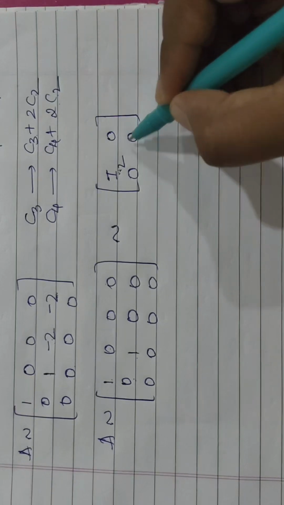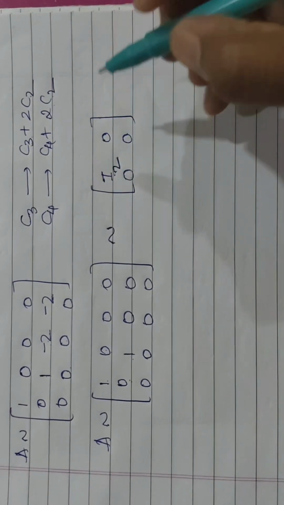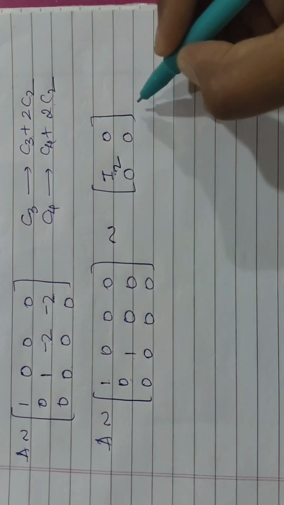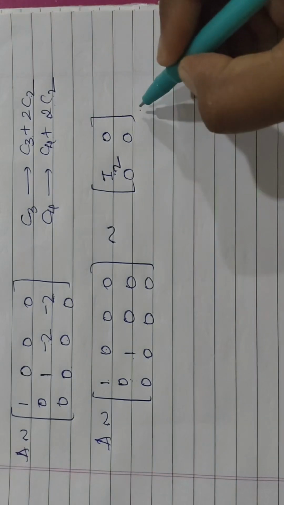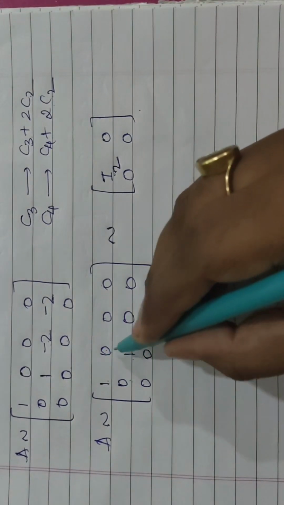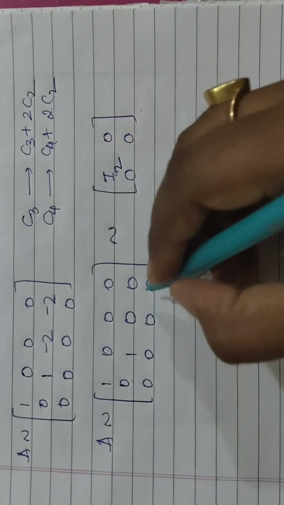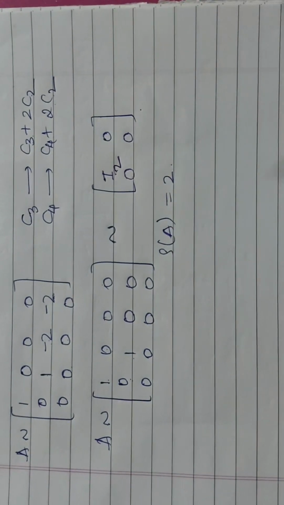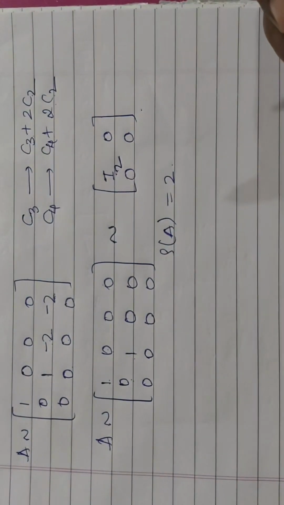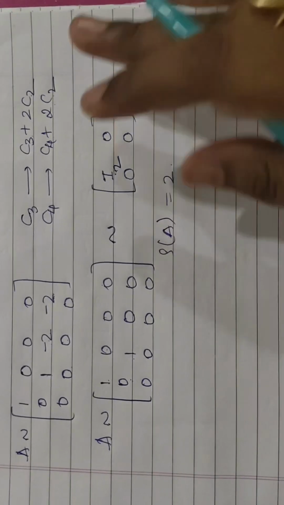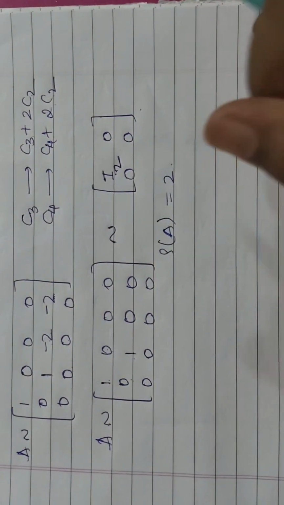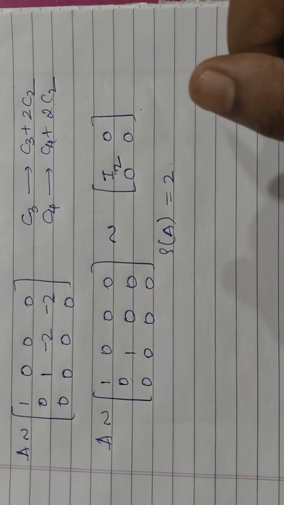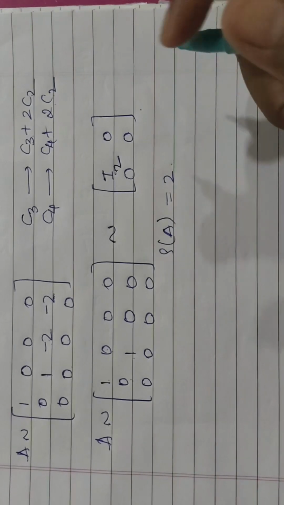So you can either write this or this. And now we are having two non-zero rows. So therefore the rank of A is 2. Okay, so this is how we'll reduce the given matrix to echelon form. Okay, now we'll move to next problem.